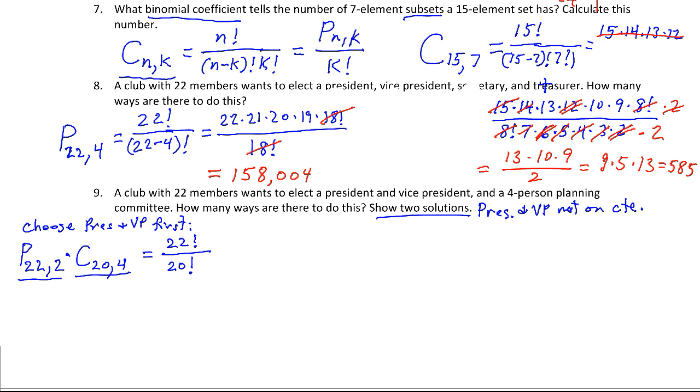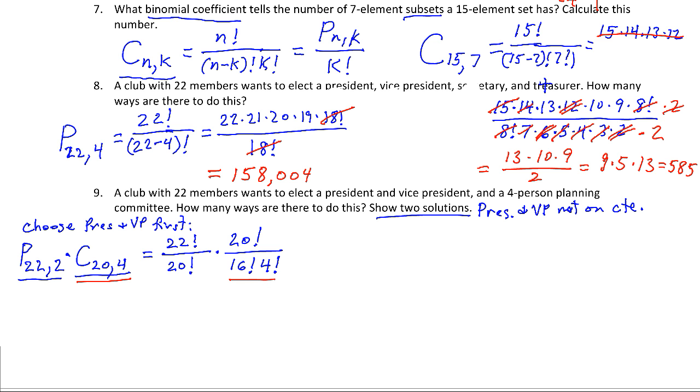And I'm writing 22 minus 2. I kind of did that in my head, and I got 20 factorial. Now with C(20,4), I get 20 factorial in the numerator, and I get 16 factorial and 4 factorial in the denominator. After you do these for a while, you'll get to the point where you realize that the 2 numbers in the denominator, when you do combinations, always add up to the 1 in the numerator.